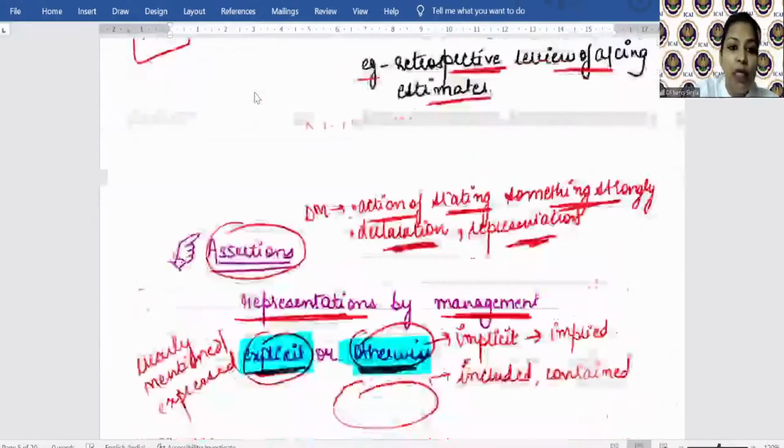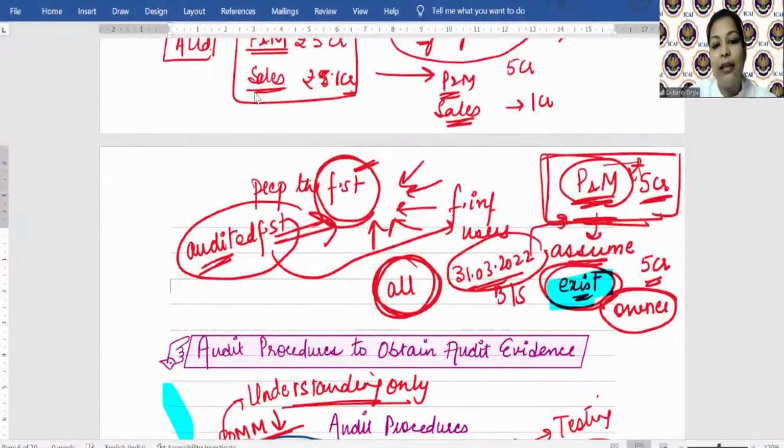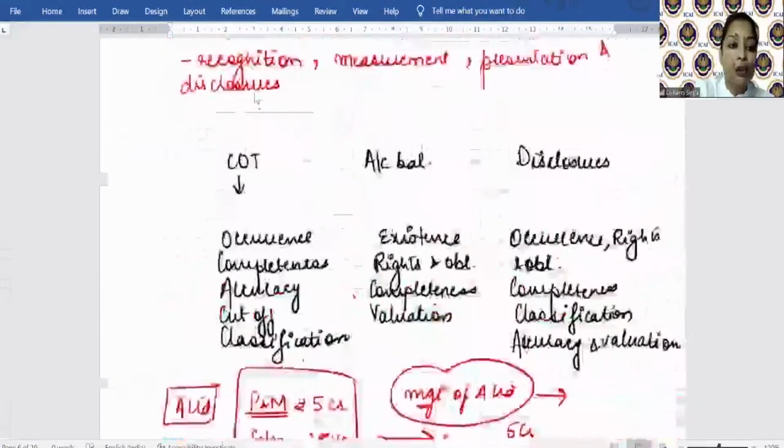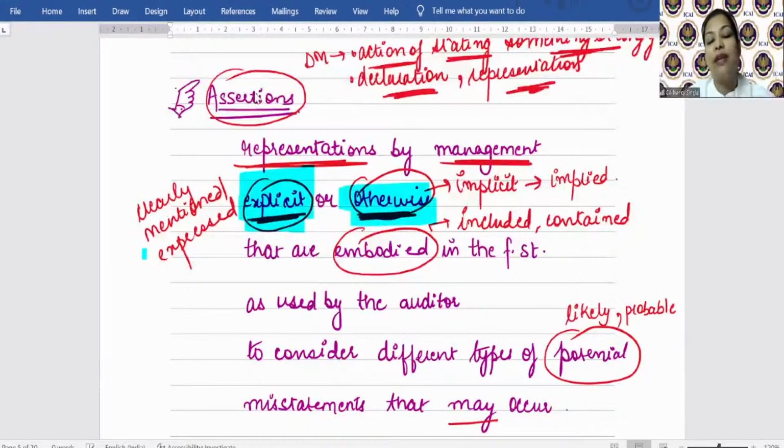Now tell me, ये जो यहाँ पर हम assume कर रहे थे कि exist करती है, ownership है, all building has been included, valuation correct है, तो ऐसे these things are what? Implied ना. These things are what? Implied, है ना? So representations by management explicitly mentioned or otherwise implicit, right?